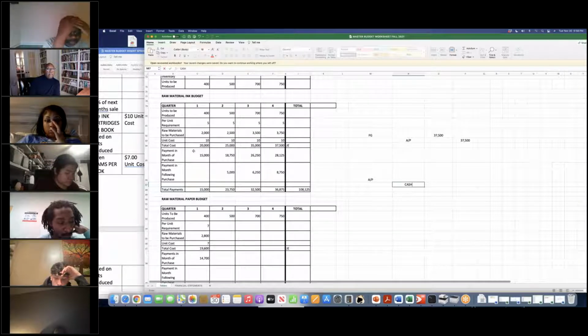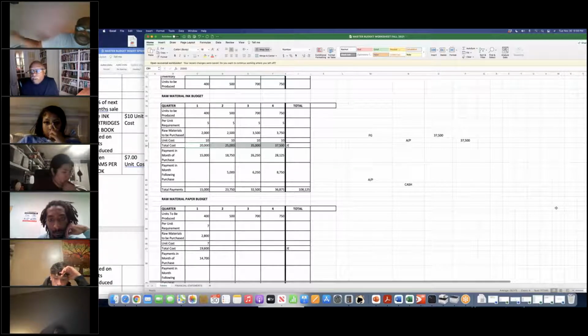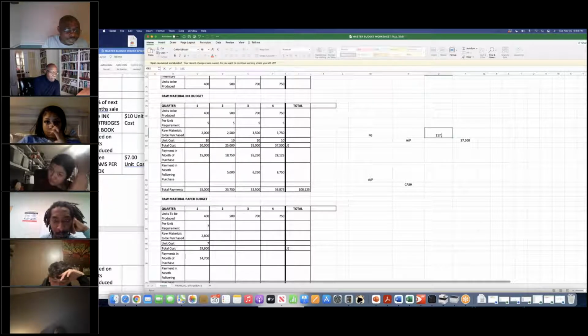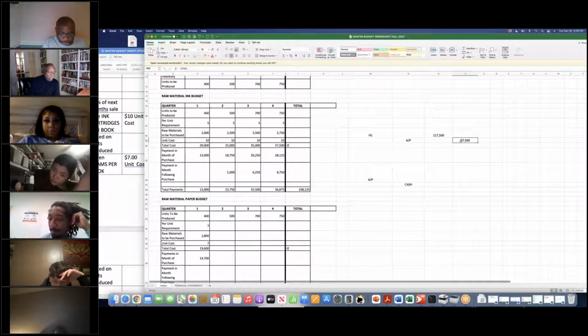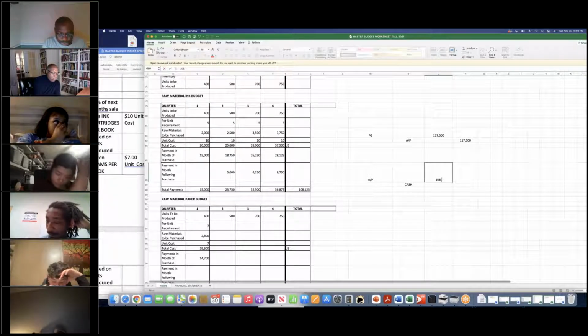When I add up the total of these, the total here is 117,500. So we need all the purchases by quarter. And our payments, we said we're at 108.